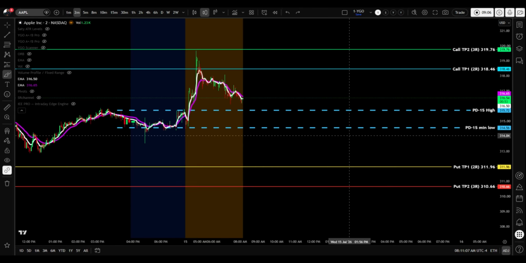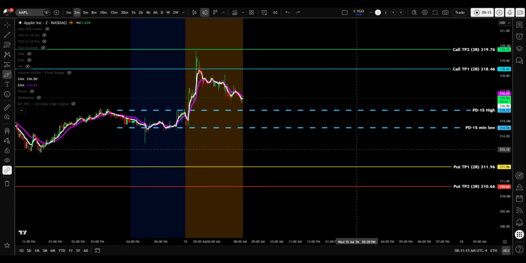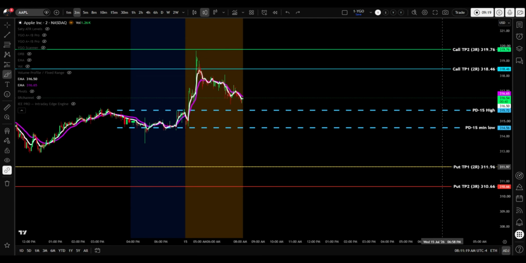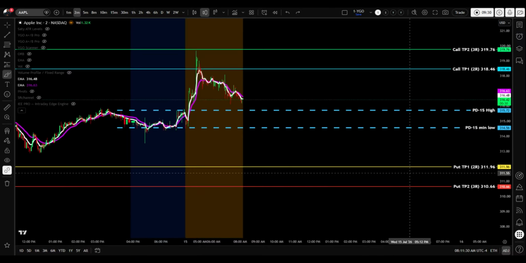The level comes back and retests, this support turns to resistance, and then we come down. My first target is 311.96. If sellers continue to press, then I'm watching 310.66 as the next target. But I need acceptance below the level. A quick wick below 314.56 is not enough.